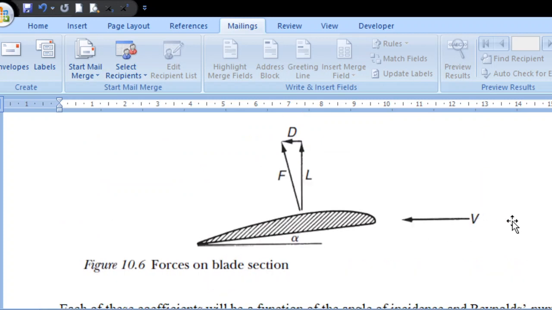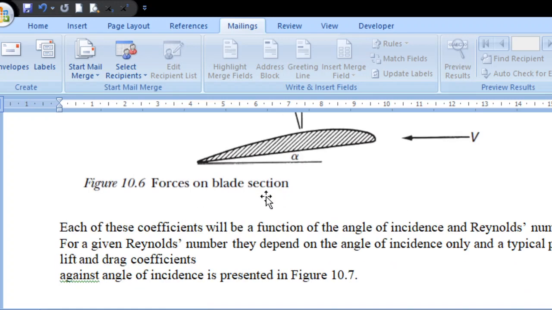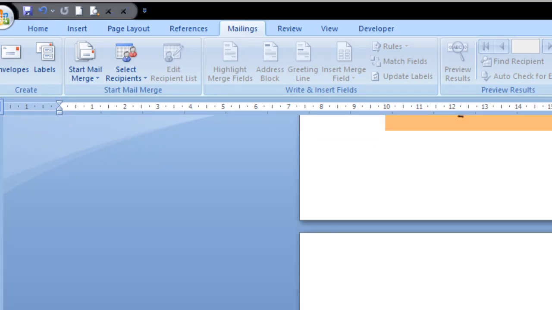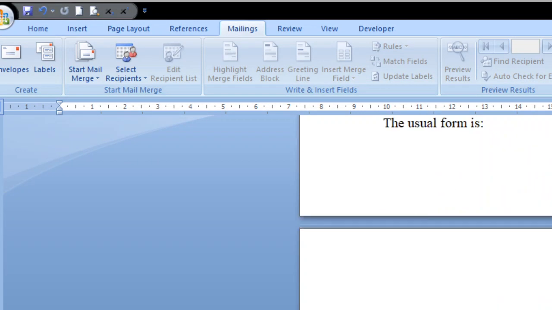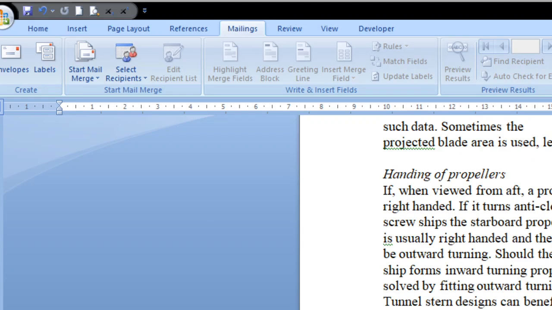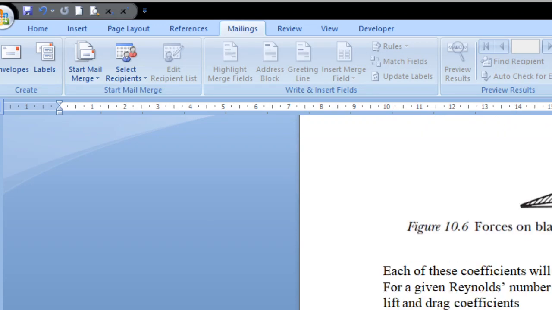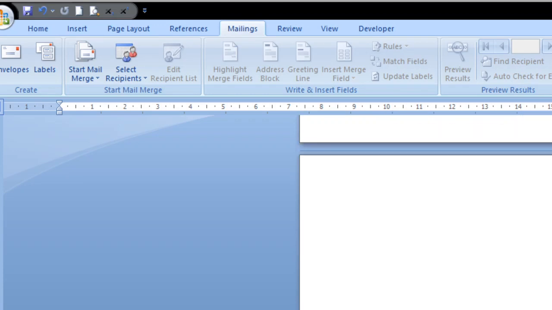See, now this is another example. You have an incoming velocity at some particular angle. F is the total force. L is perpendicular to V. D is in line with V. The ratio CL by CD is defined as tan gamma.